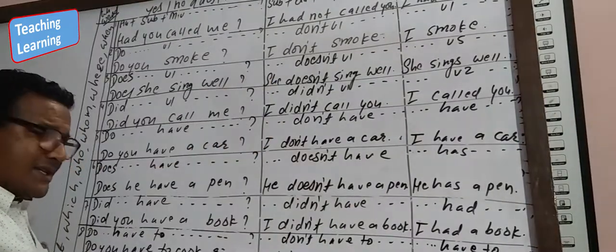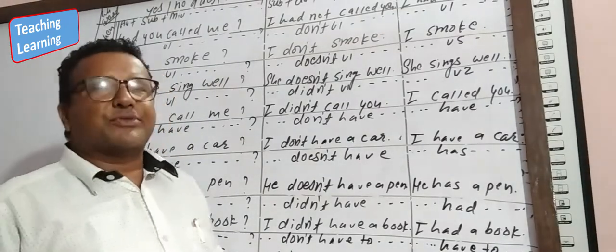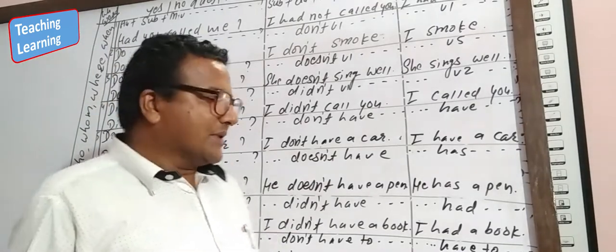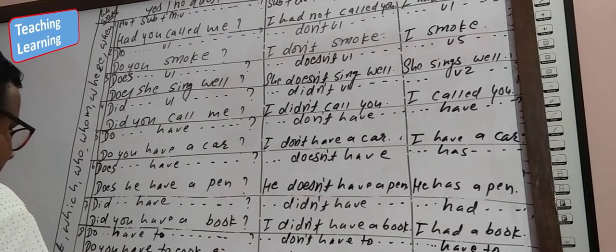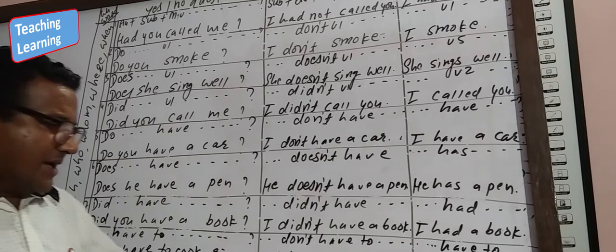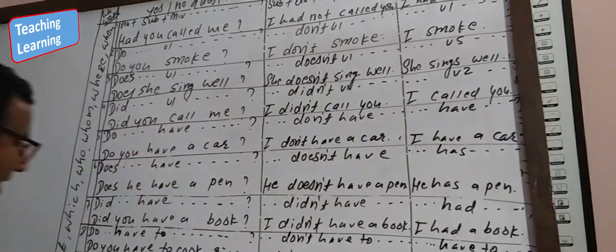Do you have to cook rice? No, I don't have to cook rice. Yes, I have to cook rice. If the question is asked using does at first and have to, the negative answer is doesn't have to, and the positive answer is has to.